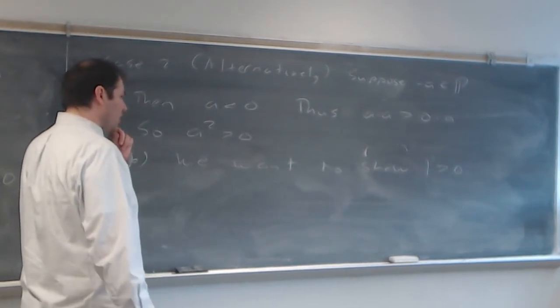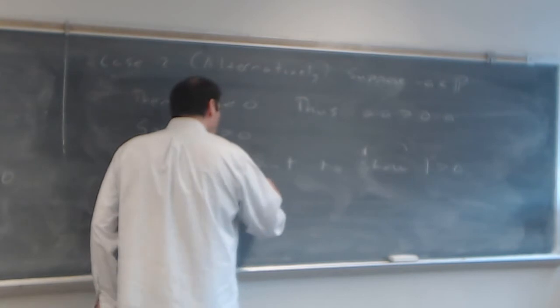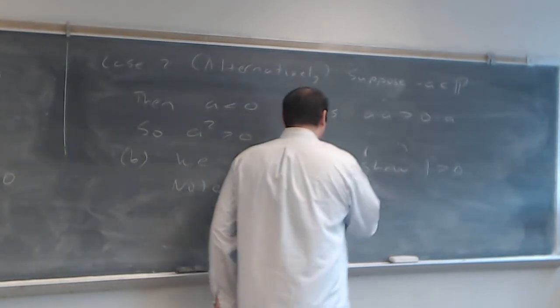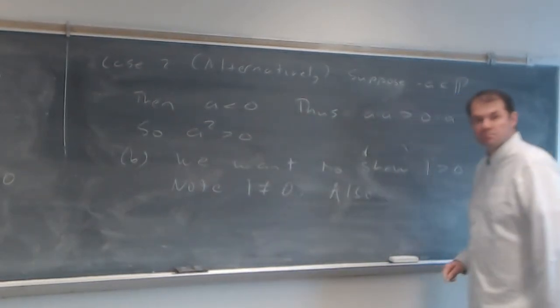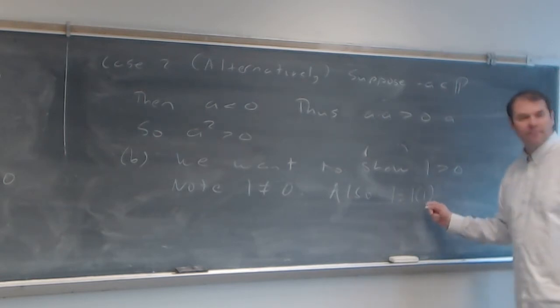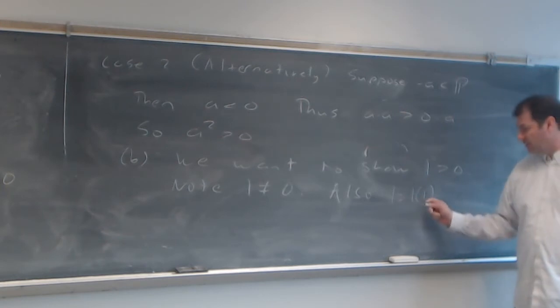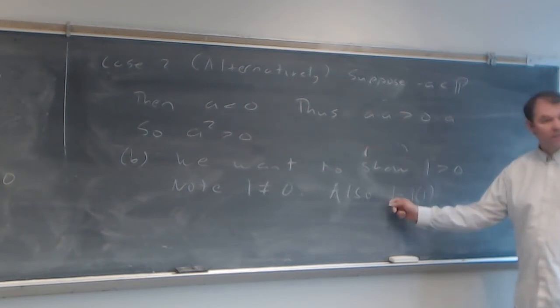Okay. So we want to show that 1 is greater than 0. Note, 1 is not 0. Also, 1 is the same thing as 1 times 1. Because 1 right here, where my finger is, is the multiplicative identity. If you multiply 1 by something, you just get the something. So 1 times 1 is just 1. Is that okay?